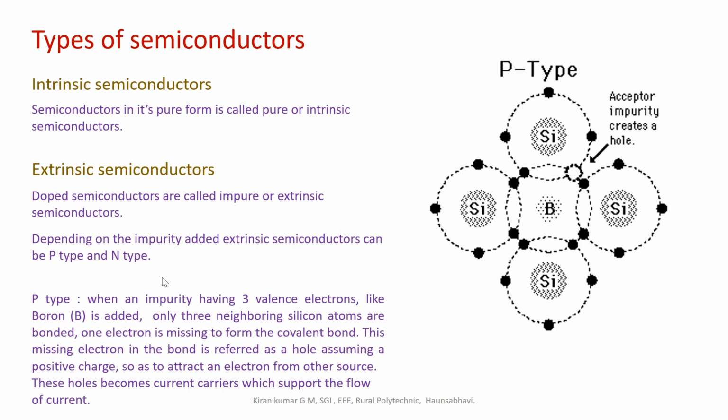When an electron can be accepted, dragged or attracted, then definitely it will be attracted towards a positive charge only. That is why, if a hole is capable of attracting an electron from the neighboring atom, it is assumed to have a positive charge.